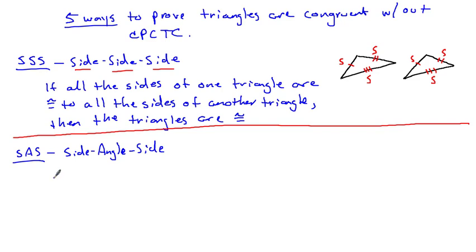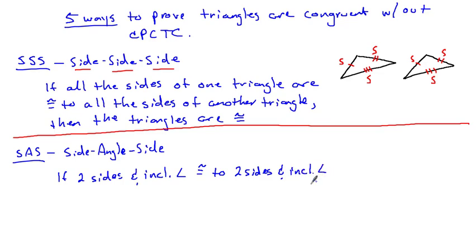And that theorem says that if two sides and their included angle, and we're going to start abbreviating a little, so if two sides and their included angle are congruent to two sides and included angle, then the triangles are congruent. So again, same picture. We'll draw the same kind of little triangles every time probably.